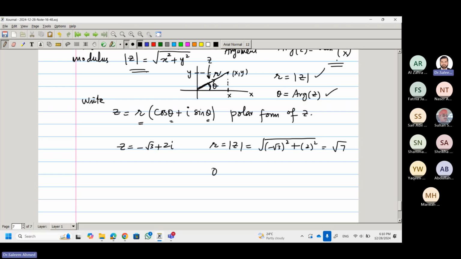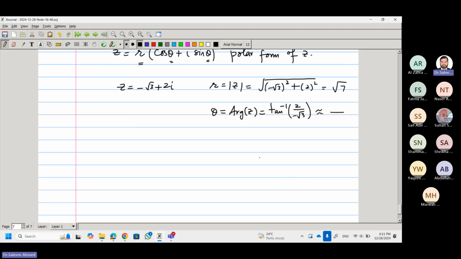And then theta. Theta is the argument of z, which is tangent inverse y by x. Y is 2, x is minus square root of 3. If you use a calculator, it will give you some angle. But you have to be very careful.